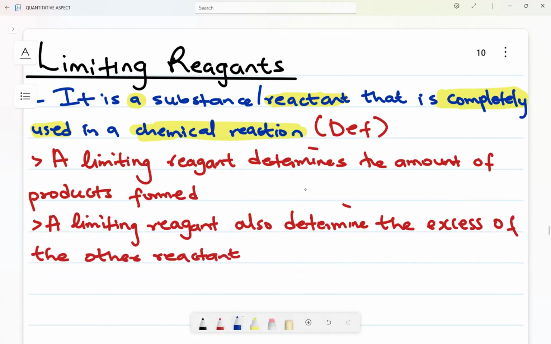These are the two things that the limiting reagent does. It firstly determines the amount of products that are formed, and it also tells us the amount of the other reactant that is in excess.